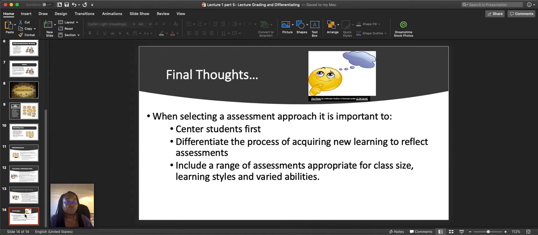If you have differentiated aspects within your course setup where students are grouped and cooperative and are allowed to discover new knowledge and acquire new information and process it with their peers, then your assessments need to also mirror certain aspects of that.